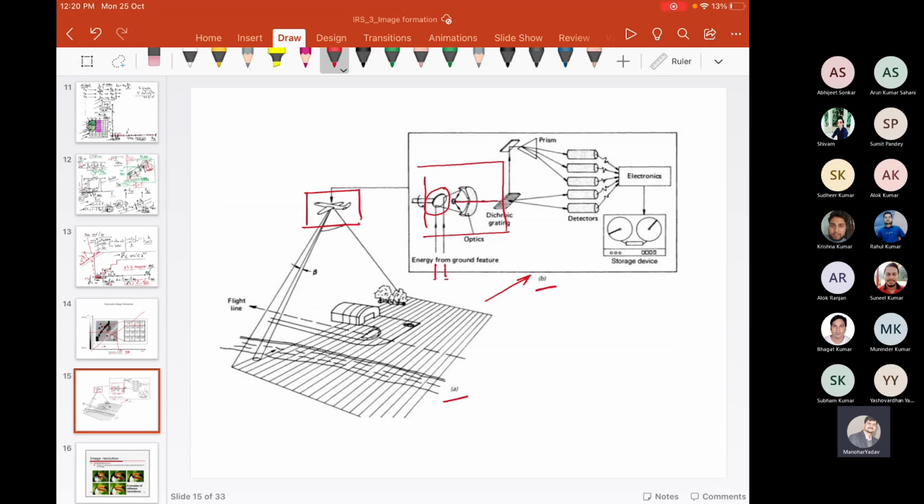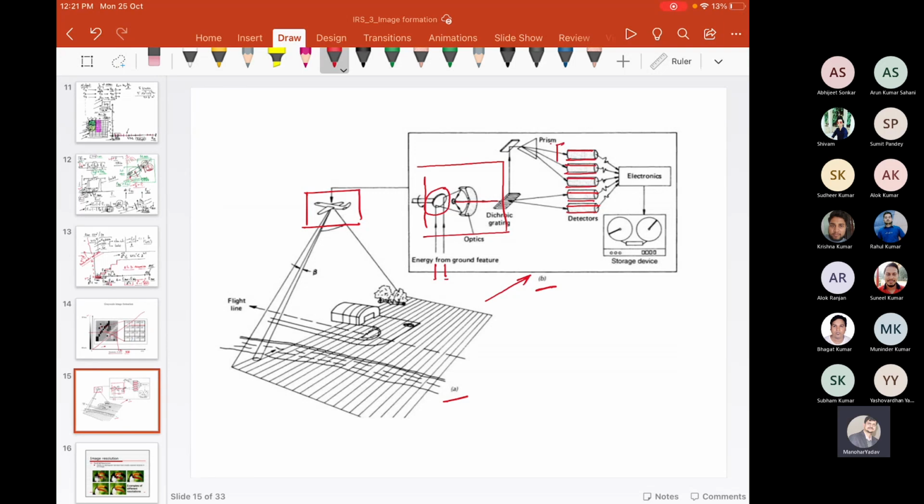The non-thermal part again passes through the prism, and after passing through the prism it is diverted at a different energy band. In a different spectral band, energy is diverted in a different direction, and further they are sensed. So this is a 5-channel sensing system. We can say 5 channels, 5 spectral bands are there.